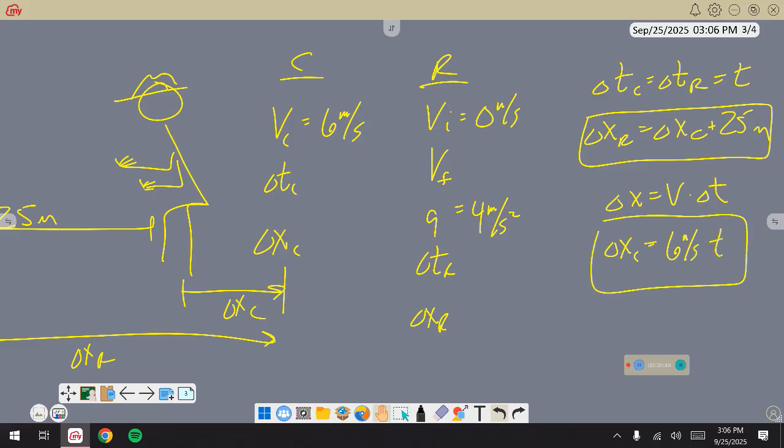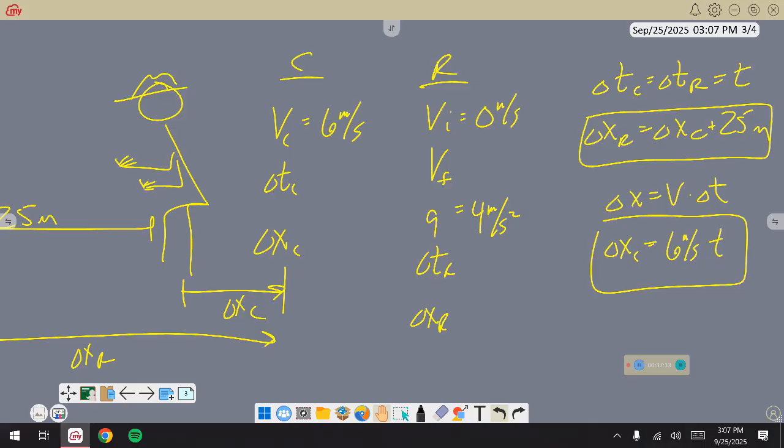Now I've got two equations. Why can't I be done? Because there are three variables. Yes. Displacement of Chris, displacement of Raptor, and time. They're different. So I need a third equation. Where am I going to probably go for the third equation? We have looked at the relationships. We looked at Chris. So now the Raptor.